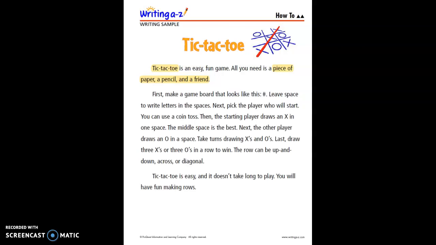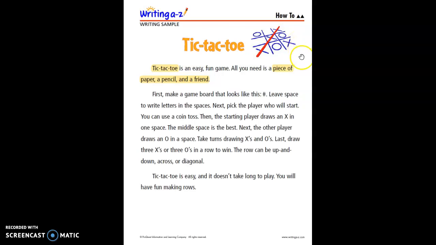So let's take a look at this paragraph in the middle, and let's point out some of the steps for tic-tac-toe. Okay, so let's take a look here. First, make a game board that looks like this, and they give you the lines that cross there, just like the tic-tac-toe board up in this picture here.